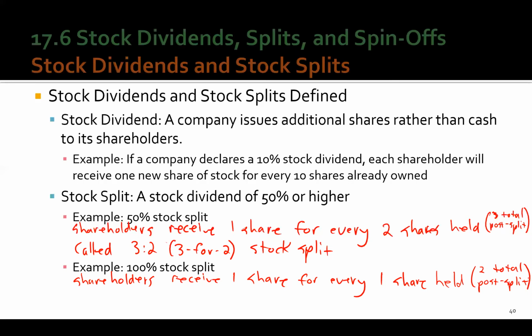This is called a 2-for-1 stock split, because for every 1 share that you held previously, you hold 2 shares post-split. Again, a stock dividend means shareholders receive additional shares, and a stock split is a special form of stock dividend where the stock dividend is 50% or higher.